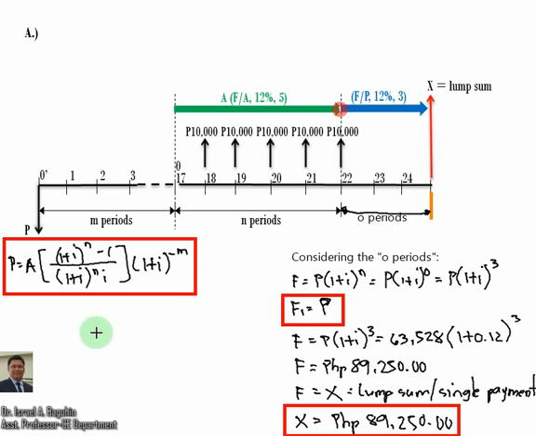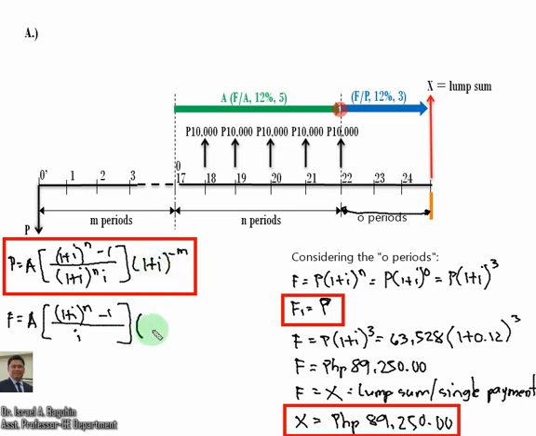But if you are going to consider the future amount, F is equal to A times the quantity (1 plus i) raised to the n minus 1 all over i, times what would be our value here.